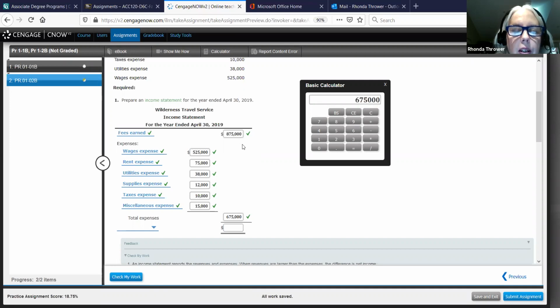And that's a good thing because you'll remember the total expenses decrease the owner's equity, but the total revenue adds to the owner's equity. So what we're going to do is combine these two figures together. In other words, we're going to subtract the total of our expenses from the total of our fees earned. And because our fees earned is larger than our expenses, it will give us a net income.